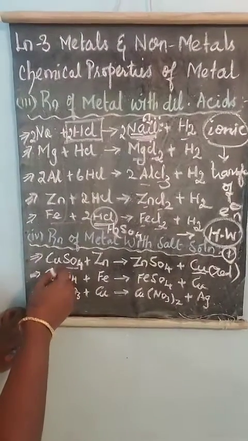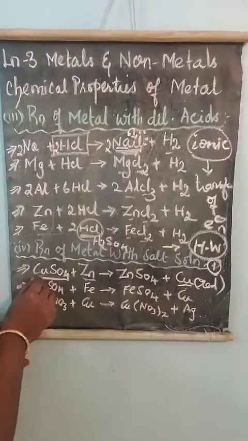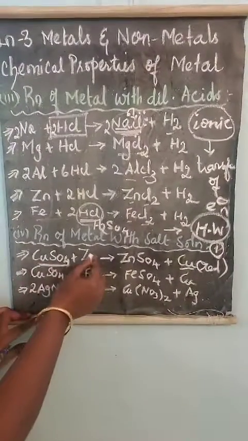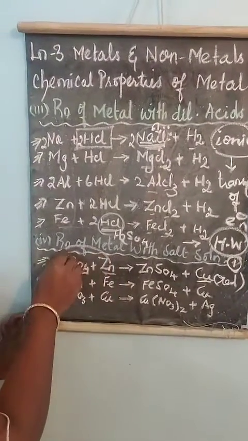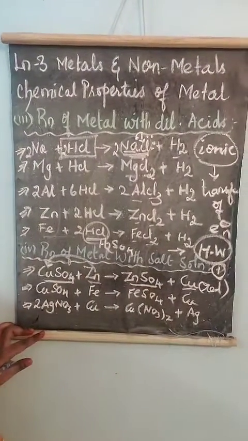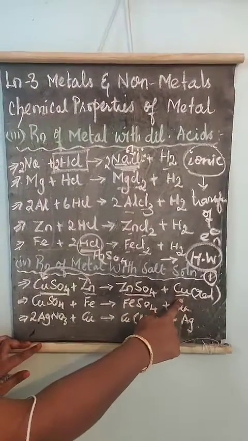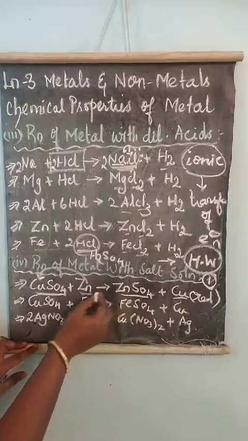When this metal is allowed to react with the salt solution, that is copper sulfate, zinc replaces the place of copper and forms zinc sulfate. But if you take zinc sulfate plus copper, this reaction will not happen.